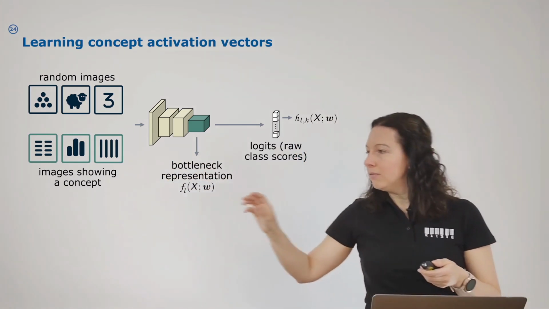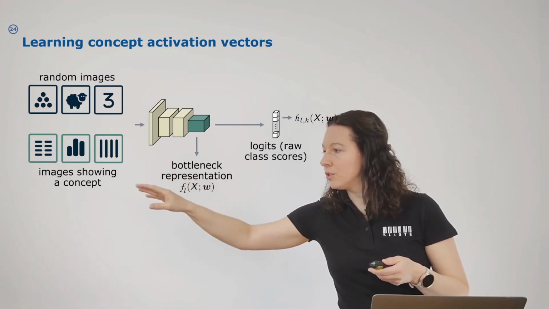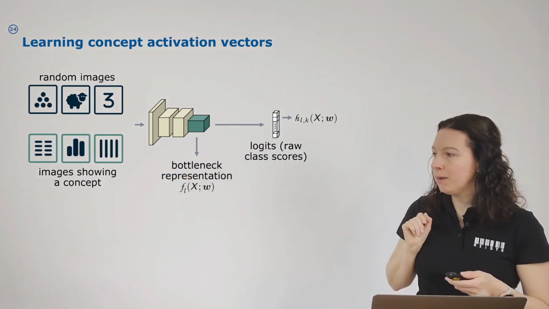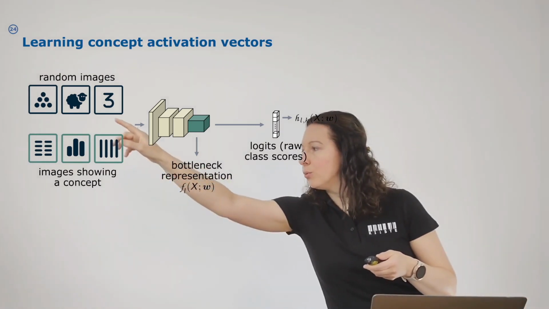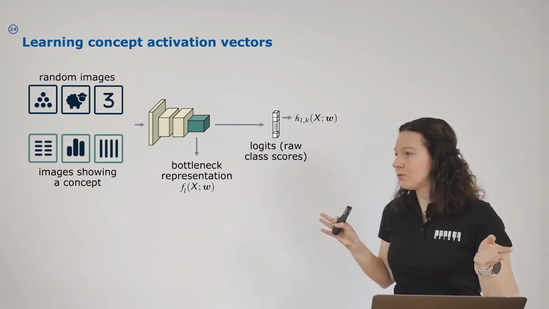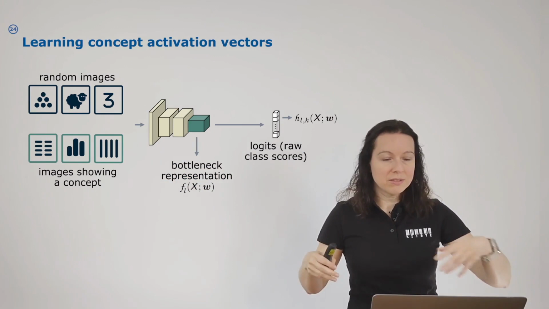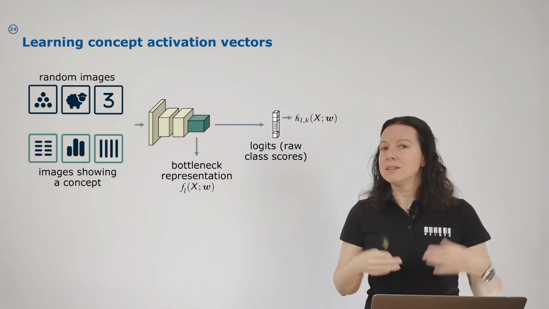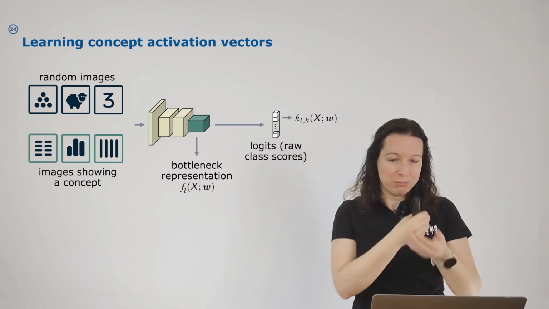We have one set of images showing the concept stripes, and then we have another set of images which are random images, illustrated as something else like sheep concept, numbers, dots, whatever it is, but not the concept stripes.